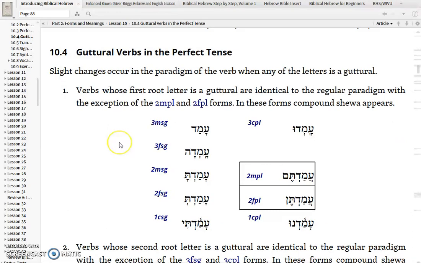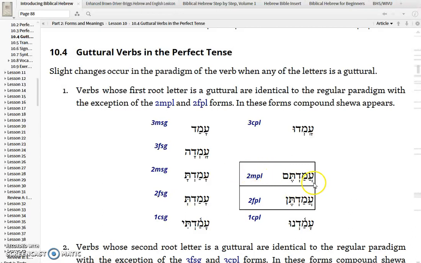Now, when you have a guttural, it will affect the paradigm. So here he gives you the word amad, which means to stand. And for the most part, the paradigm of this verb in the Qal Perfect is going to be the same pattern that we saw with pakad.